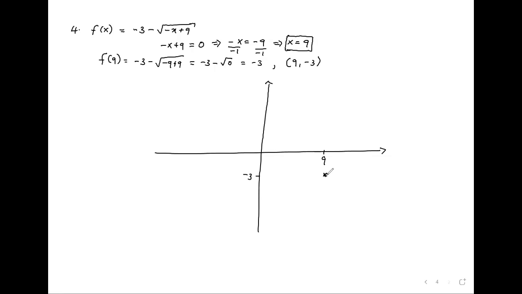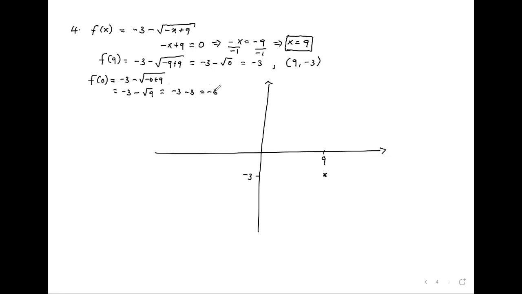Okay. Now we don't know where this function is going. So what we do is we'll get the y-intercept if it exists. f of 0, that is -3 minus root of -0 plus 9, giving us -3 minus root of 9, which is -3 minus 3, which is -6.